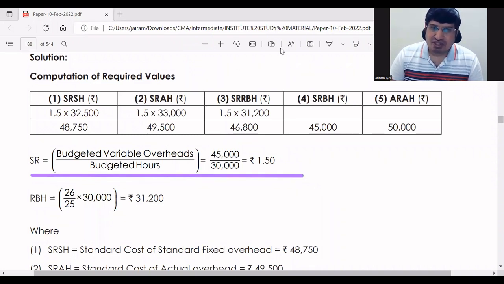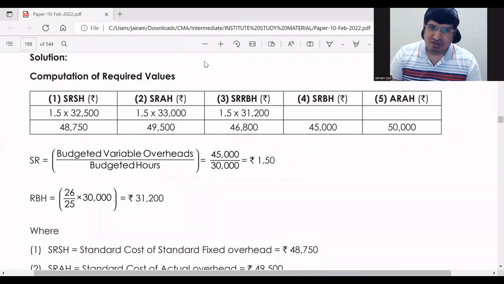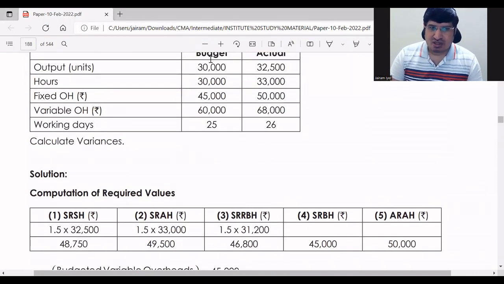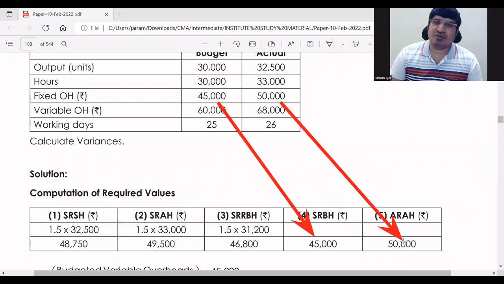Now this 1.5 will be here with the starting figure, and then this budgeted cost and actual cost are given already. These 45,000 and 50,000 are already given. We have 45,000, it will go here directly. 50,000 will go here directly.